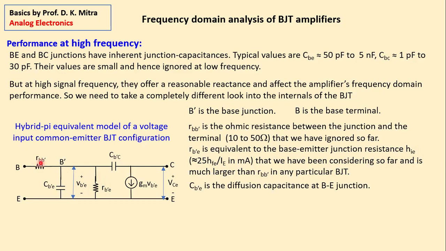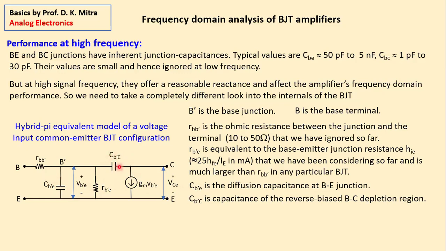Next, this capacitance is the base-emitter junction capacitance, the diffusion capacitance at the base-emitter junction, which we have ignored so far. That is CB'E, right? And there is another capacitor. This is the most dangerous capacitor.